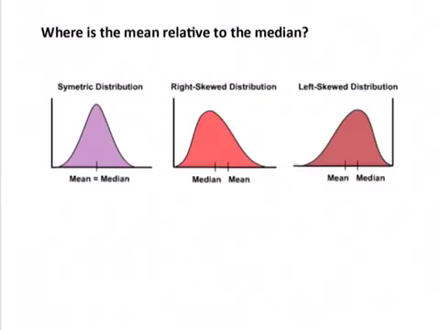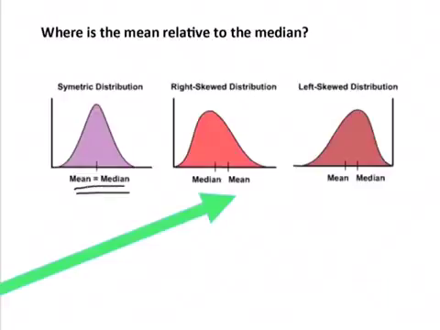Another question that you'll see a lot is where is the mean relative to the median? So make sure you get these three drawings down. If you have a symmetric distribution, the mean and the median are going to be equal to each other.